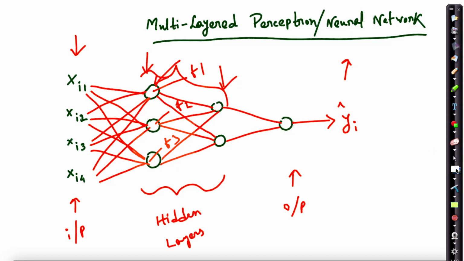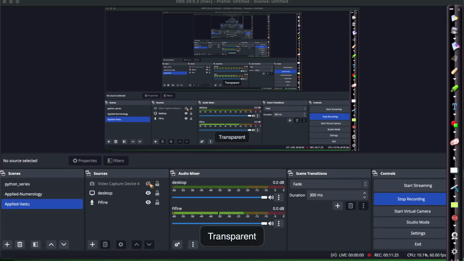I hope the requirement of this neural network is clear to you, and obviously there will be many questions: how this neural network works, what happens behind the scenes. There are many concepts like backpropagation, forward propagation, and concepts like dropout, how it works, how to solve overfitting, and how the training actually happens behind the scenes.